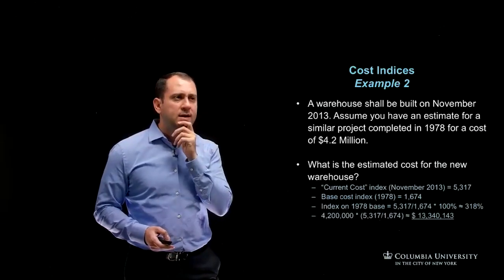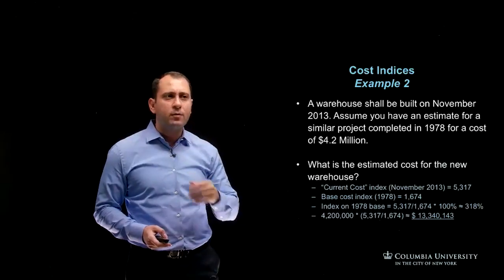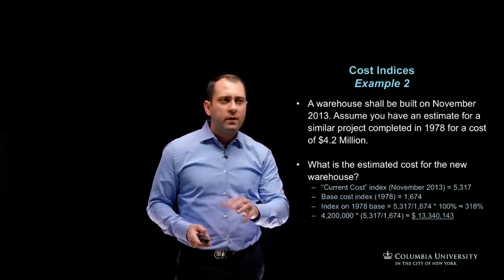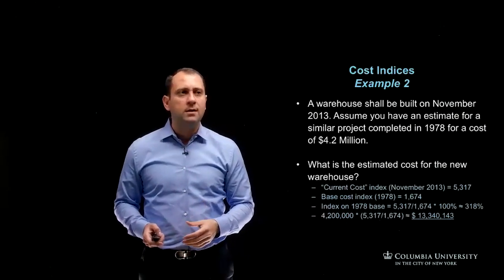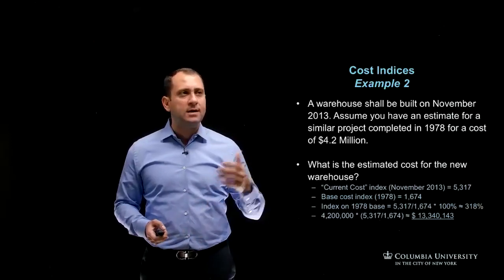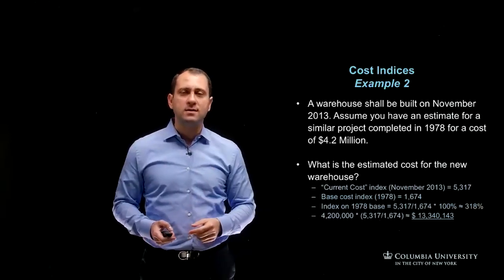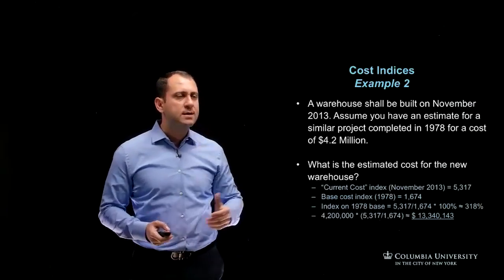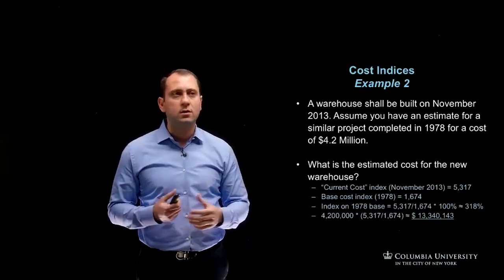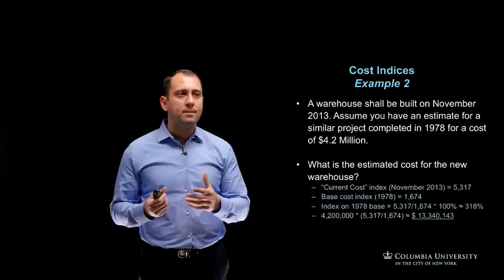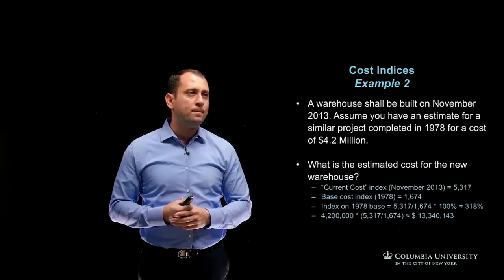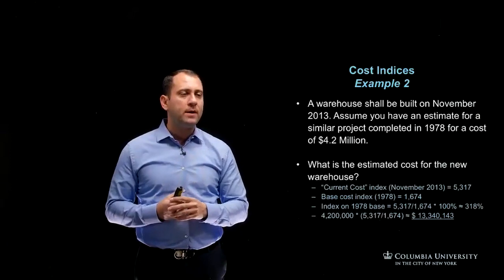So the 318%, you multiply by the 4.2 million to get an approximation of $13.34 million to build a similar warehouse that got built in 1978 and you want to build it in 2013. So this is a quick example about how to use the cost indices or the cost index using the BCI in this question here, and in a very direct way.